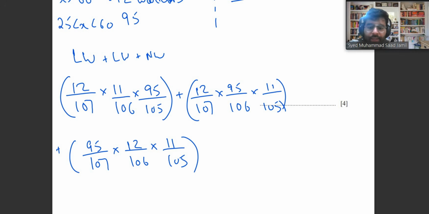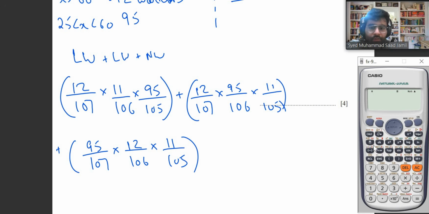So now we will calculate for all. Let's do 12 upon 107 multiplied by 11 upon 106 multiplied by 95 upon 105. It says 418 upon 39697.